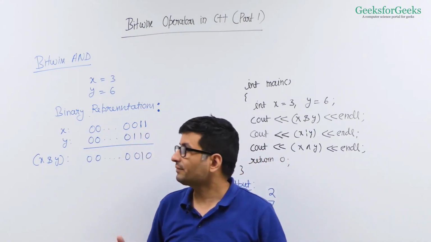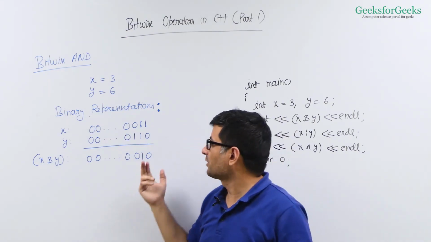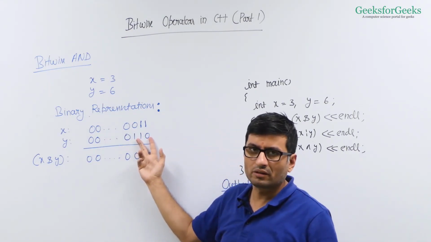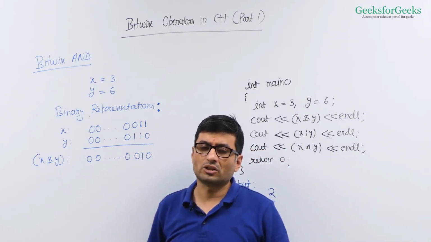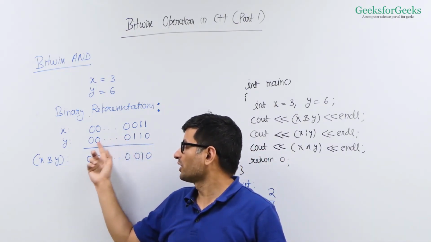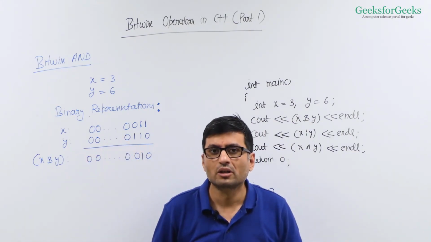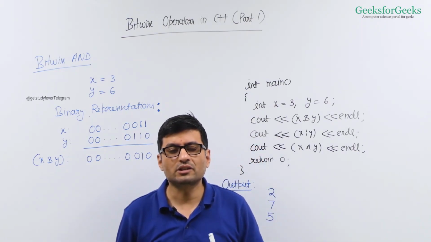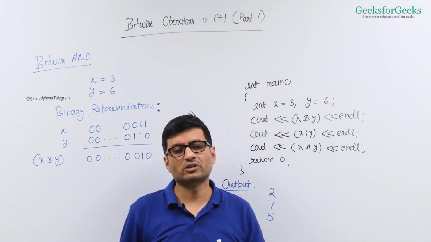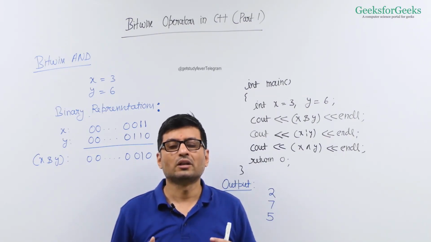The binary representation of y, which is 6, is going to have 1, 1, 0 at the end, the last 3 bits. And if integers are represented using 32 bits, then the first 29 bits are going to be 0. Please note that the number of bits required to represent an integer is not standardized. It's not mentioned in the C++ standard.